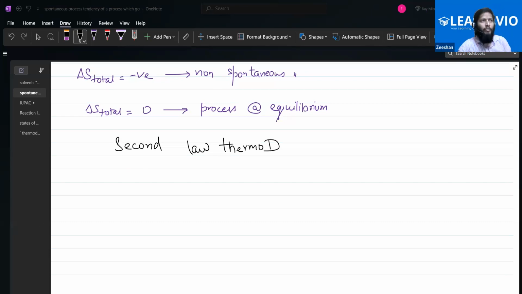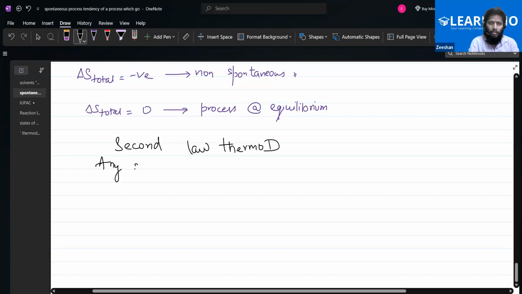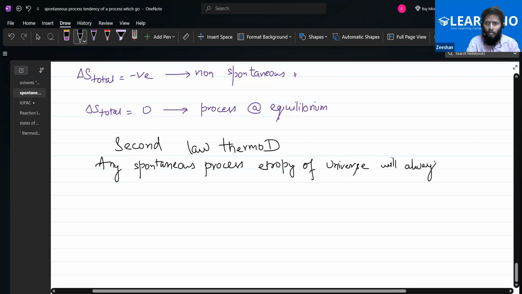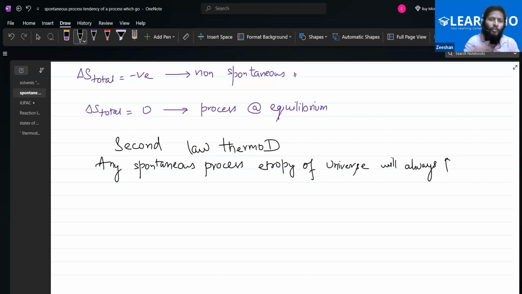So this second law says that for any spontaneous process, the entropy of the universe will always increase, since it is happening by itself.